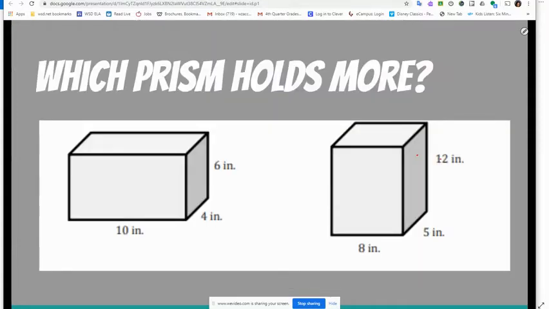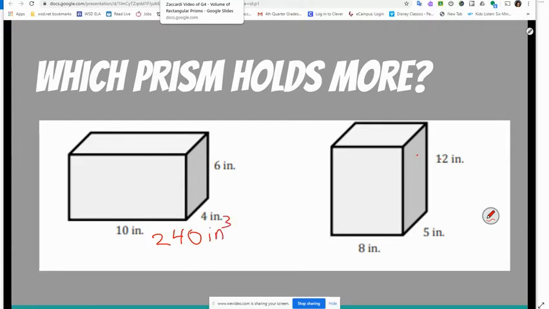On this one, you're going to decide which prism holds more. Okay, so in which prism is the volume going to be more? So multiply all three sides on each prism and see what you get. Okay, so I like to do 6 times 4 is 24, times 10 would be 240 inches cubed.